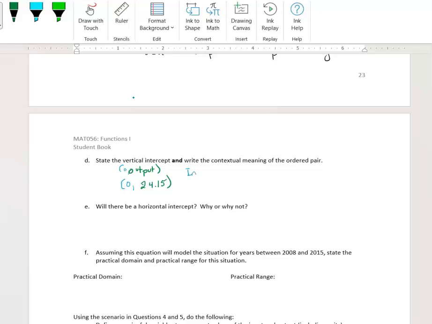So I'm just going to write in 2008, 24.15% of total sales were from downloaded music.